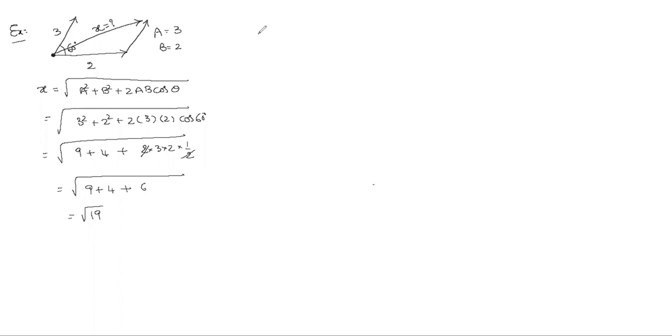Now, here is my question. Suppose this is one vector having the magnitude 4, and this is another vector having the magnitude 6. Are they both originated from the same point? Yes, sir. So you can apply the parallelogram law.